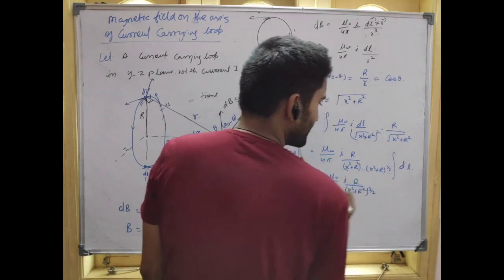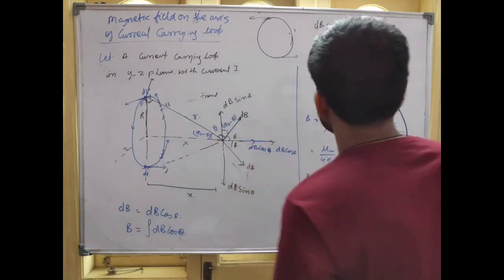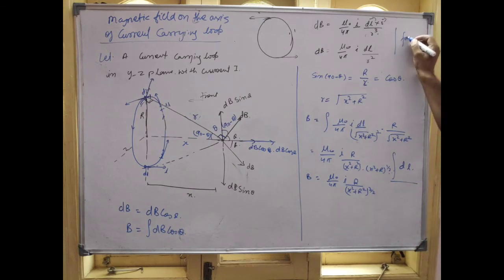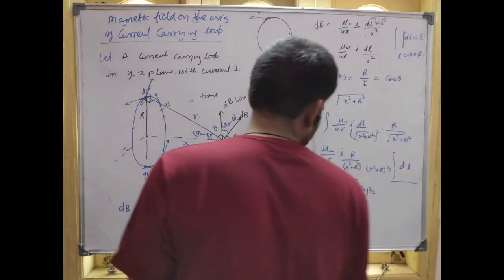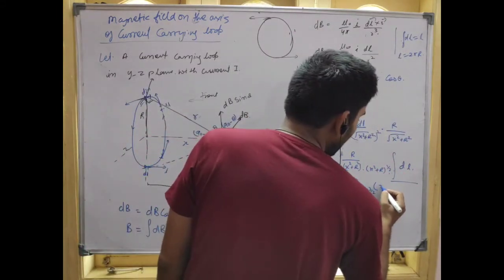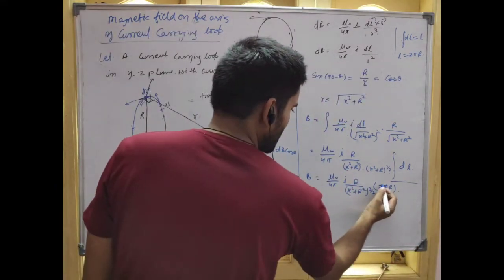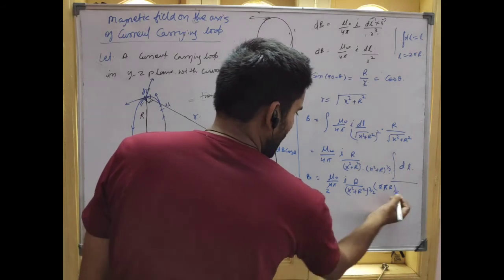What is the integration of dl? It is L, and that L is equal to 2 pi r. So can I write directly 2 pi r? Pi cancels, 2 cancels, so r becomes r square.